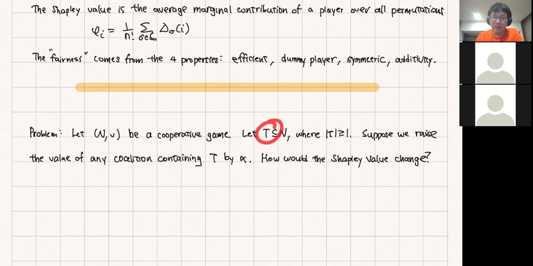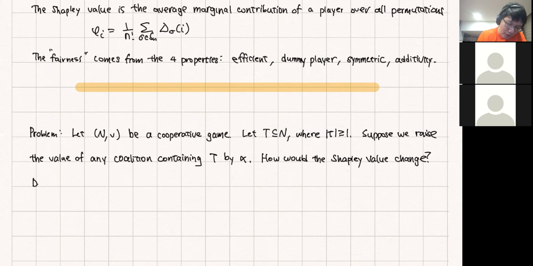But what if there are several players? Maybe there are 5 players in this set T, and anytime those 5 players are in a particular coalition, the value goes up by alpha. So how would the Shapley value change in that case? Let's formally write down the new game.